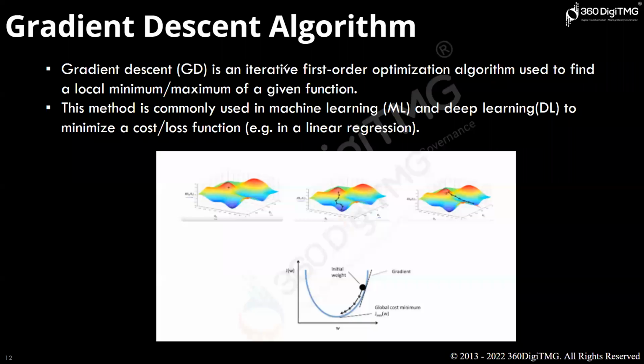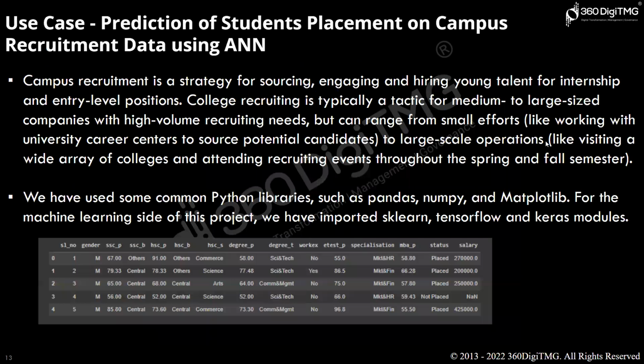GD, the gradient descent algorithm, is a first order optimization algorithm used to find a local minimum and maximum. The method is commonly used in machine learning and deep learning. It minimizes the cost and the loss function. An example is linear regression we have seen.